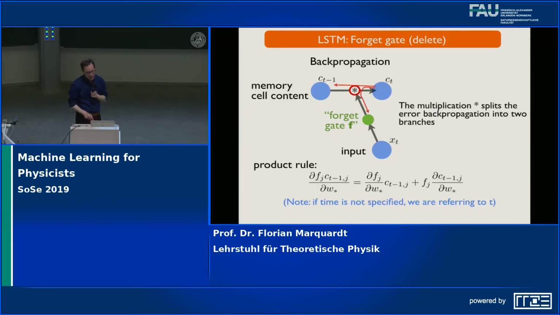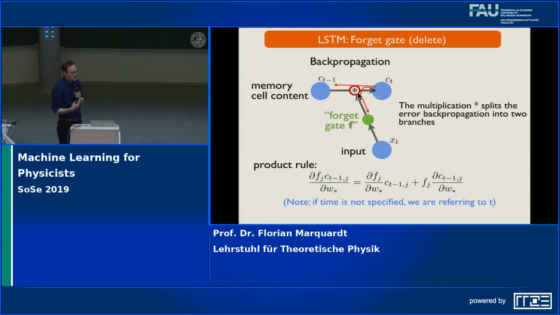So that now means something interesting for backpropagation. If I want to take the gradient of this memory cell at time t, C_t, if I want to take the gradient with respect to its argument, or if I want to take its gradient with respect to some weight that sits somewhere earlier in the network, then this gradient will have two contributions because there's a product.